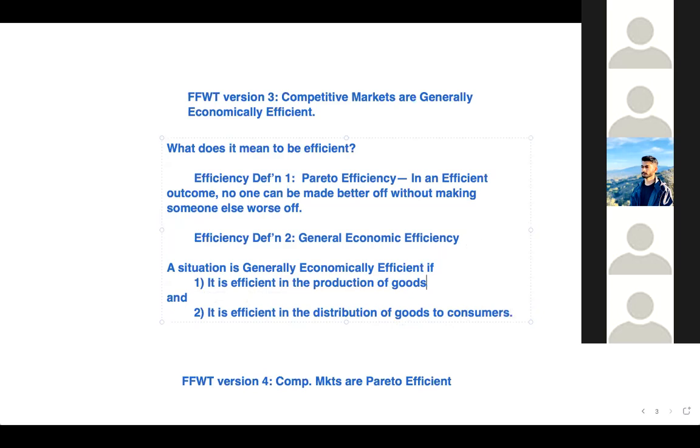So it has these two pieces, okay, but we're kind of not done because we've just changed our target a little bit, right? Do you see what I mean, Jessica? If I said it's efficient in the production of goods, I don't even really know what that means, right?